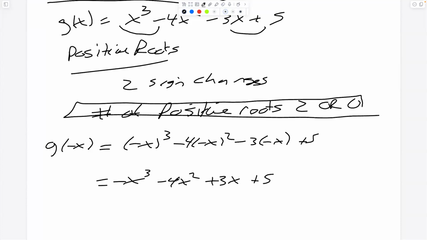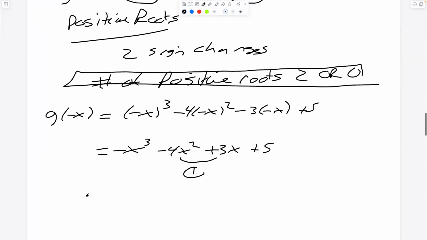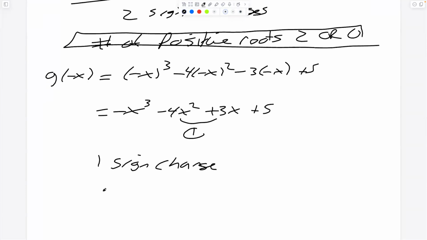Negative times the negative is positive, and so how many sign changes do we have? I start negative, stayed negative. That's not a change. Here I change from negative to positive. There's one. Stayed positive. There's only one. Only one sign change when I replaced all the x's with negative x. So that means I must have one negative root.